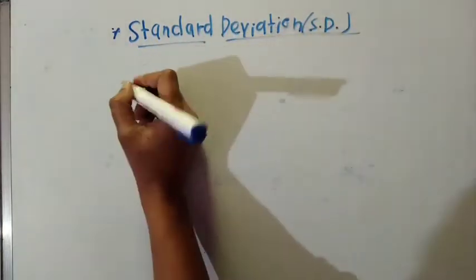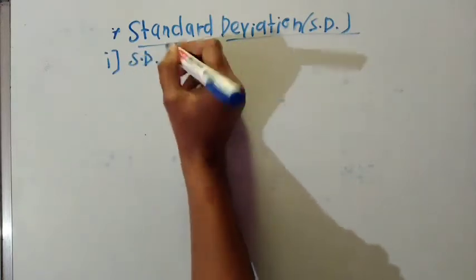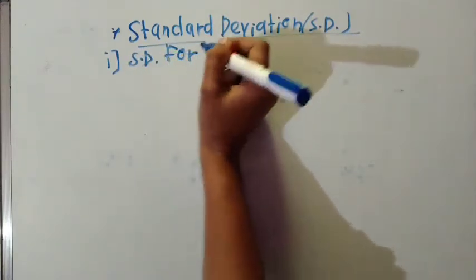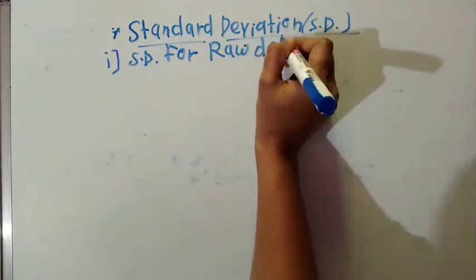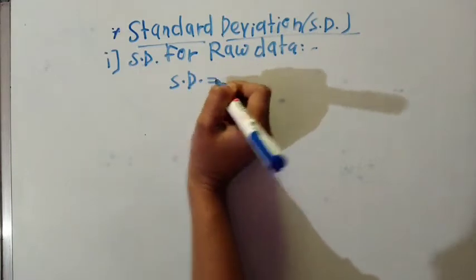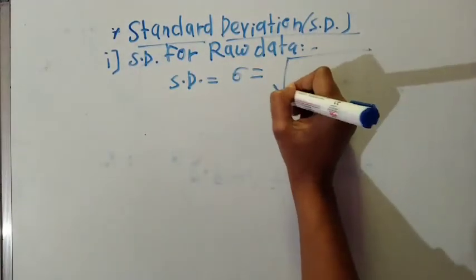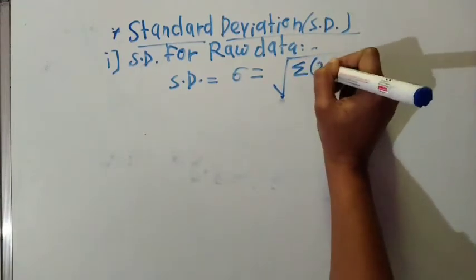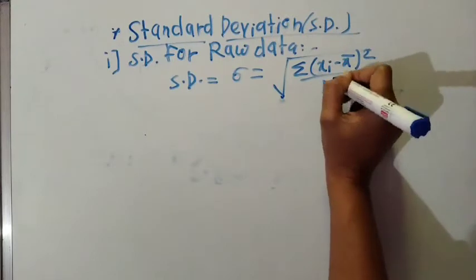The first formula is standard deviation for raw data. Standard deviation is equal to sigma is equal to root of summation of xi minus x bar square upon n.